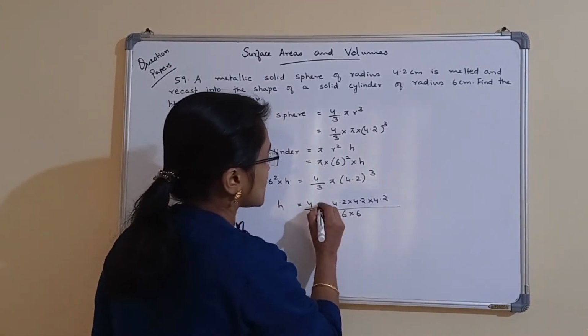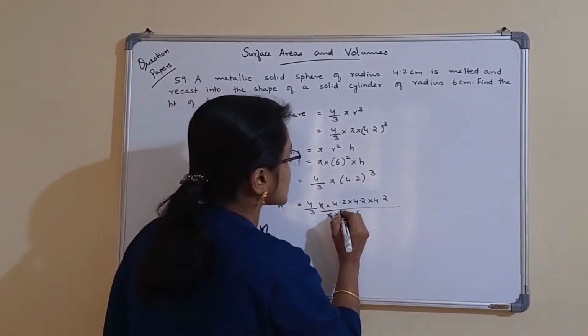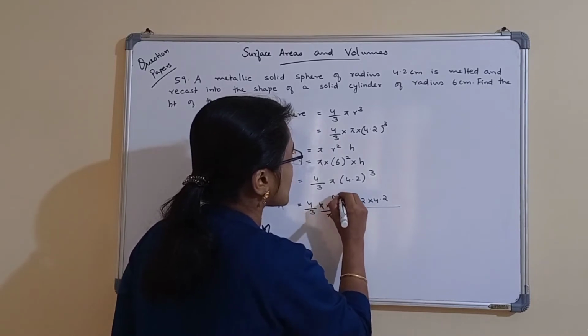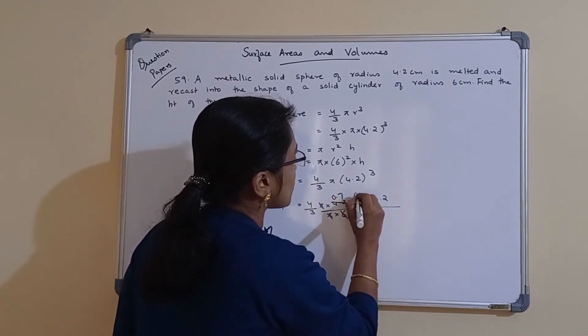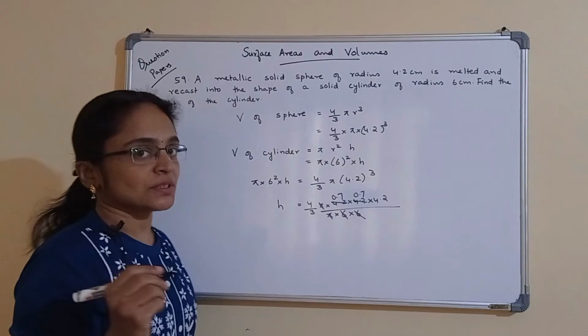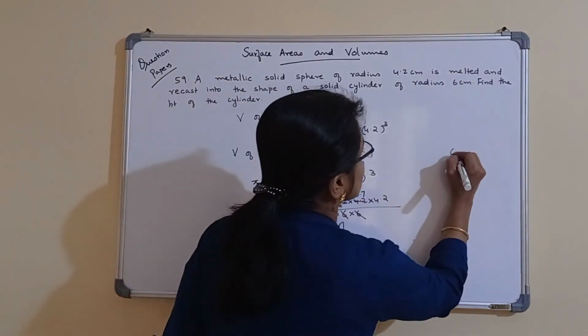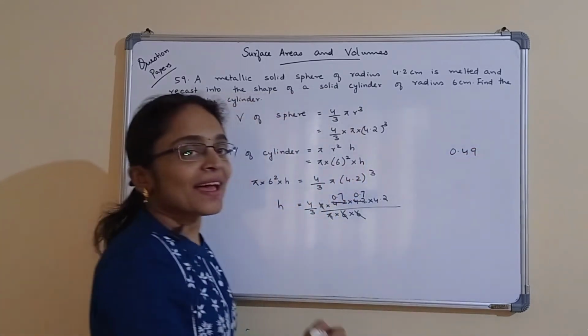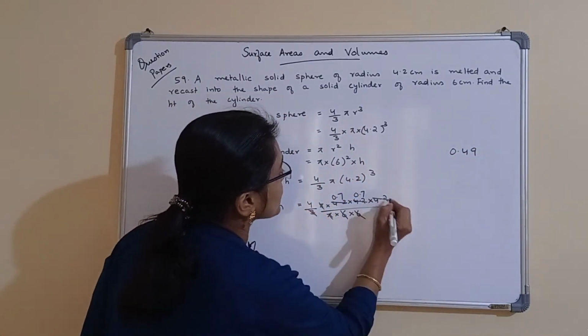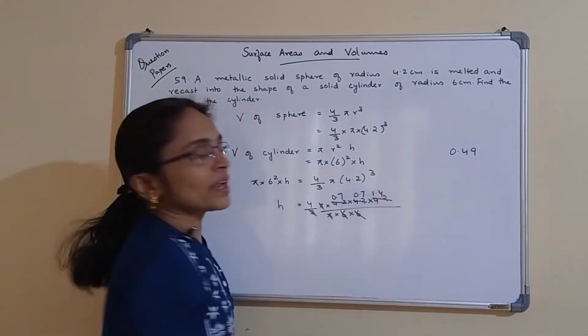Pi and pi will get cancelled, and 6 will go in 4.2, 0.7 times, and again 6 will go in 4.2, 0.7 times. Now 0.7 into 0.7 is 0.49, and 3 will go in 4.2, 1.4 times, right?